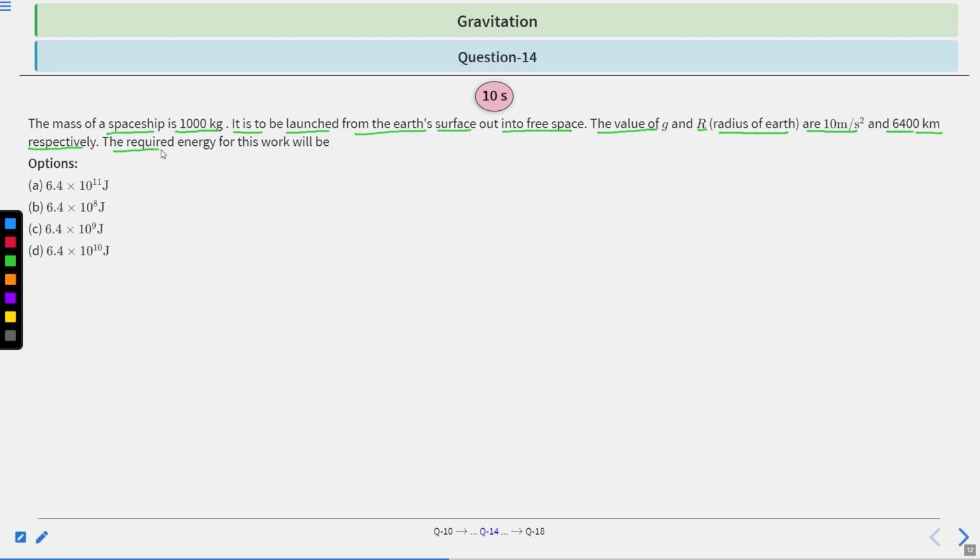The required energy for this work will be what? Given options are these. Which option is correct? Option A, option B, option C, and option D. You have 10 seconds to solve this question. After 10 seconds, we will provide the solution.